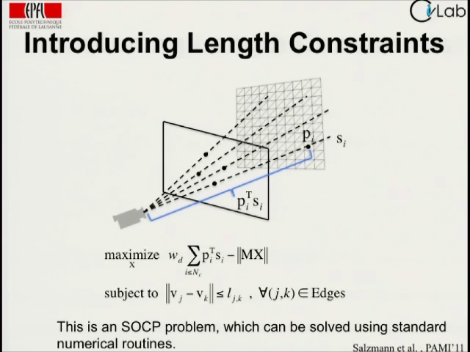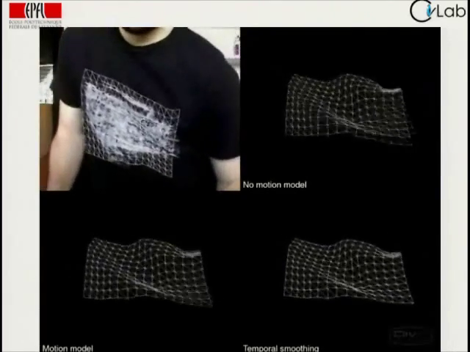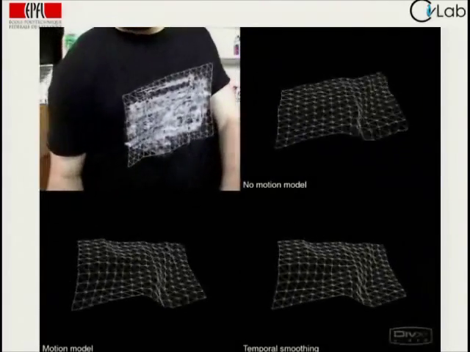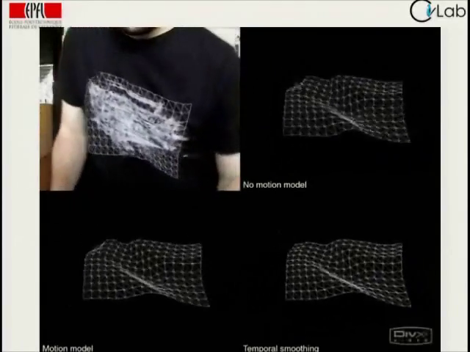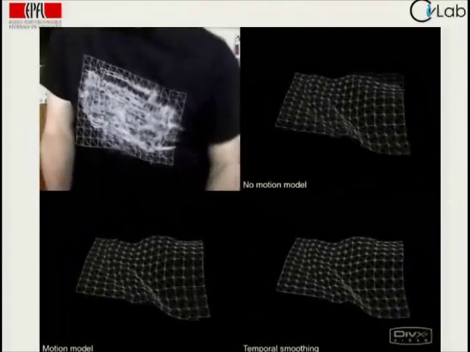And what he showed is that this, in fact, is a convex problem. It's an SOCP, so you can minimize and find a global optimum and generate results like those. The final result is bottom right. So you have, well, Mathieu's manly chest and the reconstruction in the lower right.